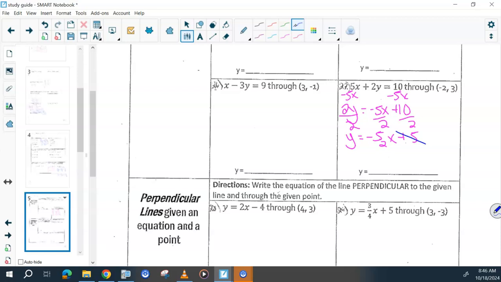And I'm going to use my point slope and this point. So y minus 3 equals my slope, negative 5 over 2, parentheses, x plus 2. And then start to distribute and then solve.